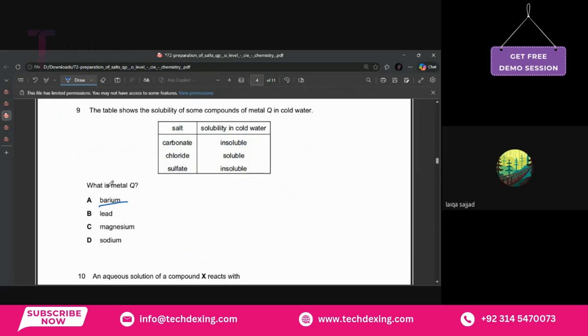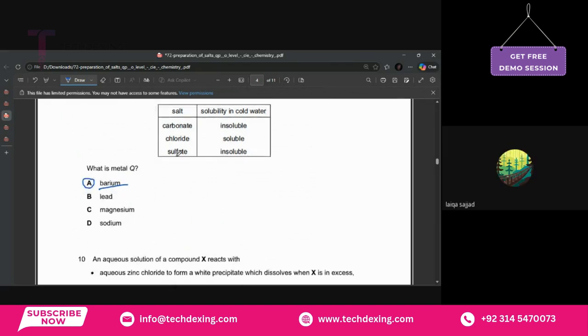What about lead? Is lead carbonate insoluble? Lead carbonate is insoluble. Very good. What about lead chloride? It's insoluble. Very good. So it's not correct according to the table.